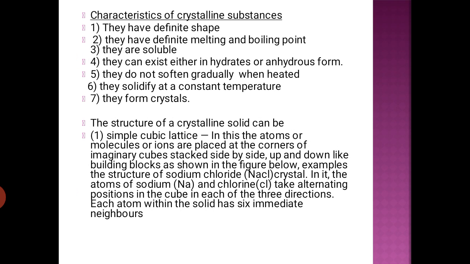Now let us look at the characteristics of crystalline substances. Number one, they have definite shape. If the shape is like a cube of sugar, you will see it. It is definite, it's not shapeless. Number two, they have definite melting and boiling point.